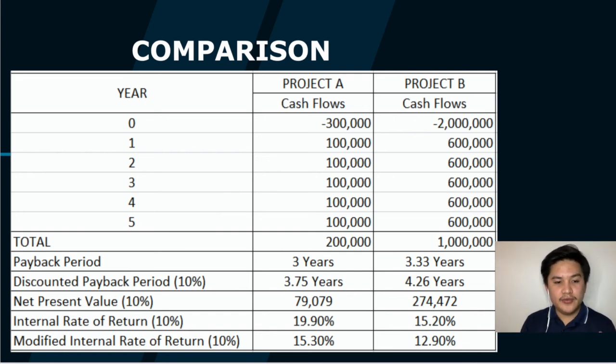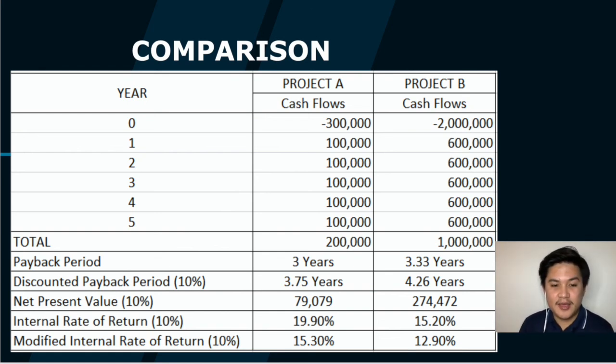So if we would use net present value, project B is 275,000 pesos compared to only 79,000 pesos for project A. So if only one investment project will be chosen and the funds are not limited, the project to pursue is project B, the preferred investment, because it will increase the value of the company by 275,000.